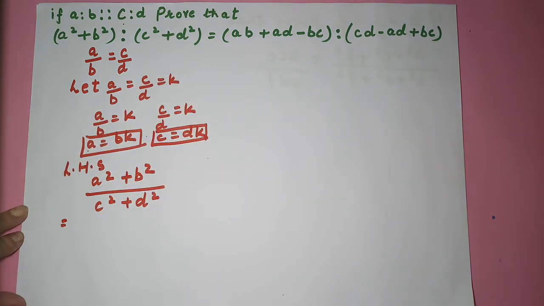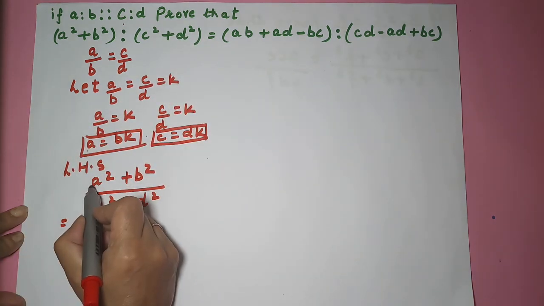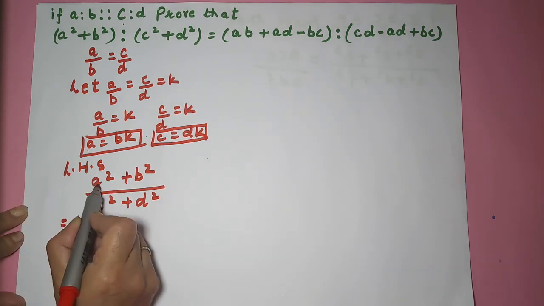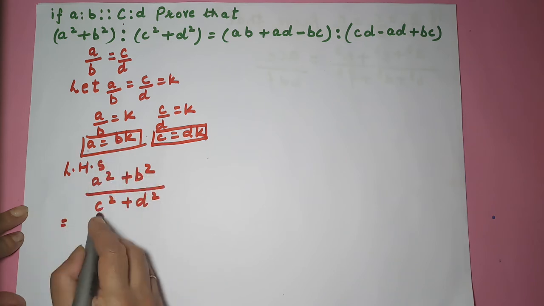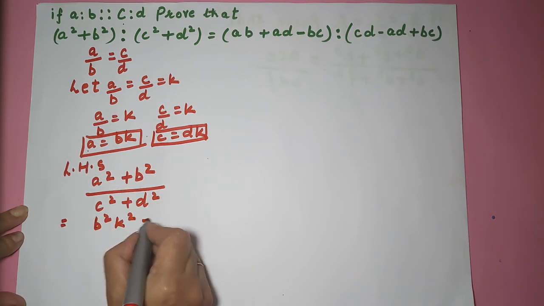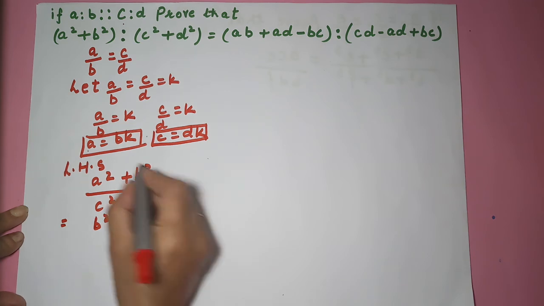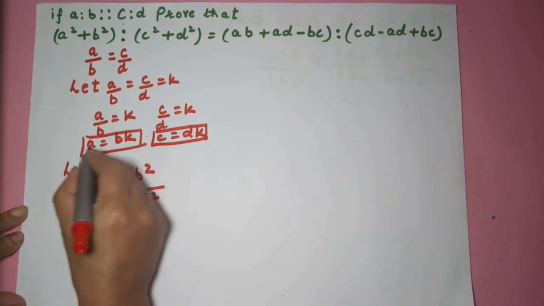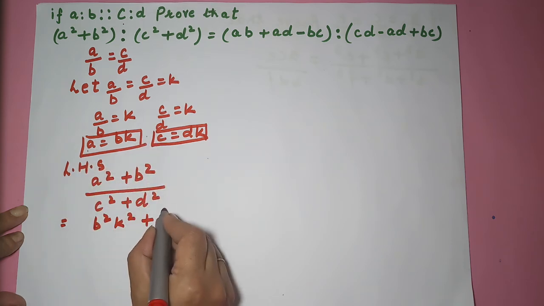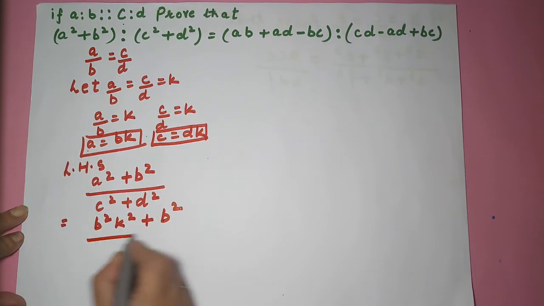Now I have to replace only A and C, no other term. Now how will I replace A square? As B square K square, then plus B square. I don't have to replace B, right? I have to replace only A and C.